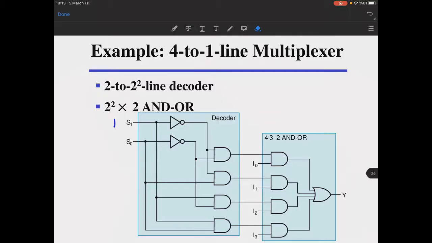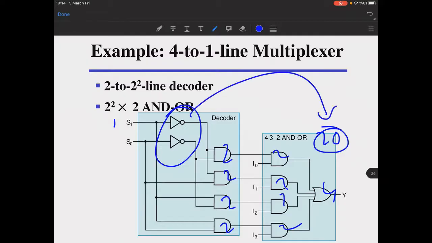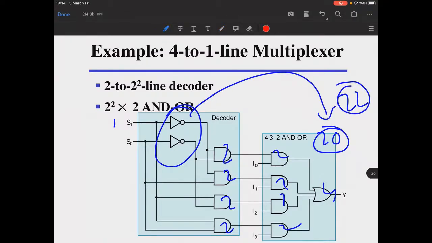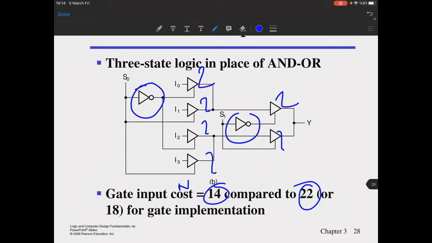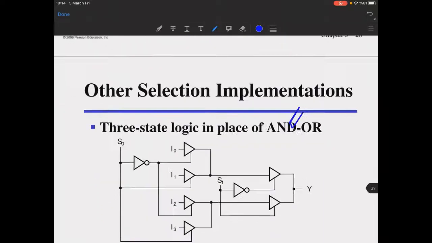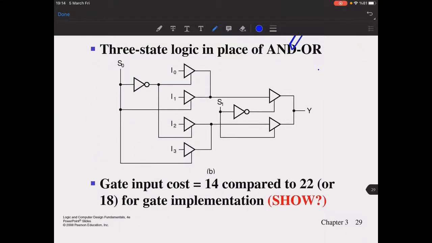So it's 2, 2, 2, 2, 2, 2, 2, 2, 2, 4. What you have here is 8, 8, 4, 20, and here you have 2 inverters as well. 22 would be your total cost. So it means that this three-state logic implementation has a lower gate input cost with nuts as well, and it could be more efficient. It depends on your design. I think we showed it.